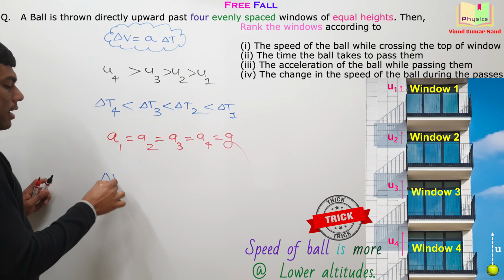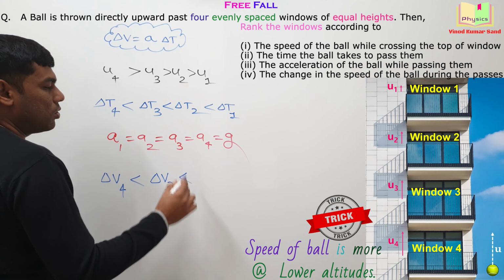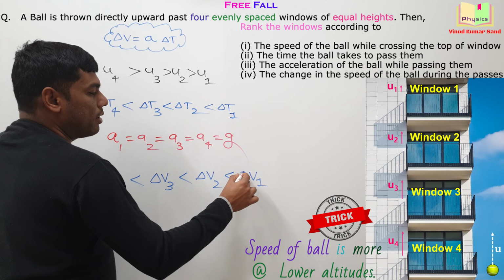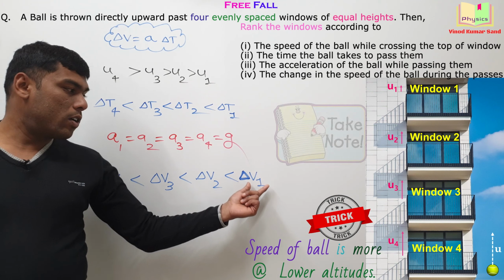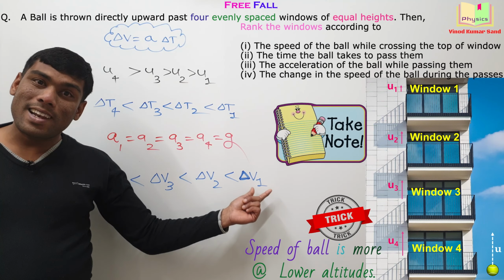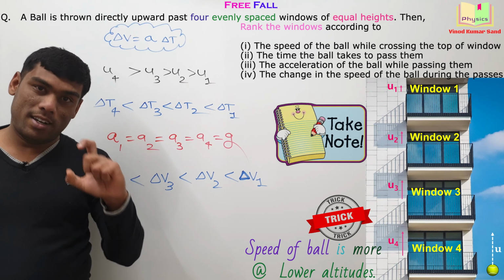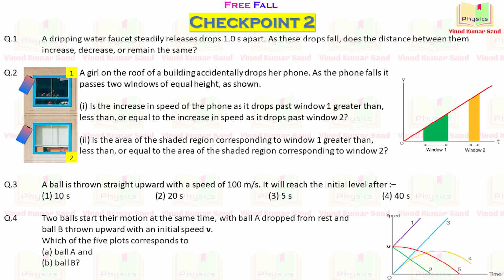So I can write here delta v4 is less, then delta v3, then delta v2, and at last delta v1. At the higher altitude the speed is less as well as the change in the speed will be less for a given distance.